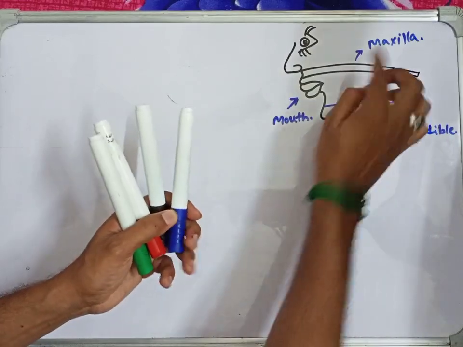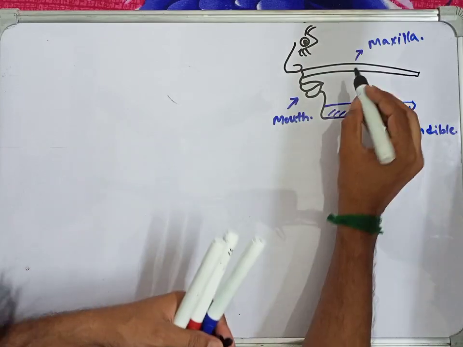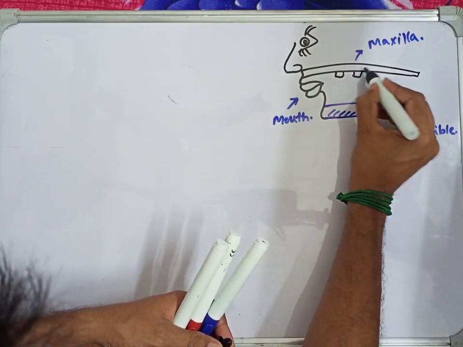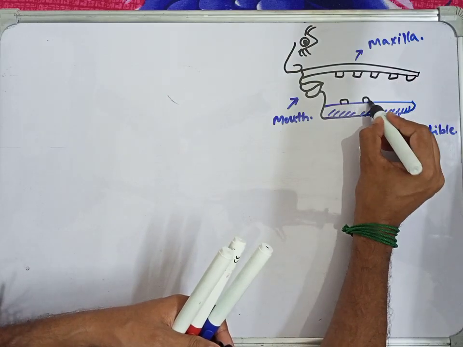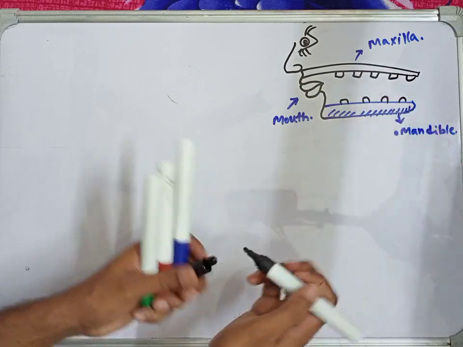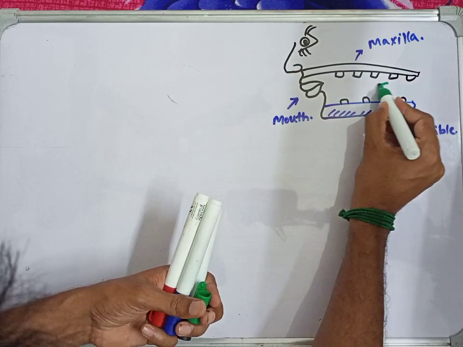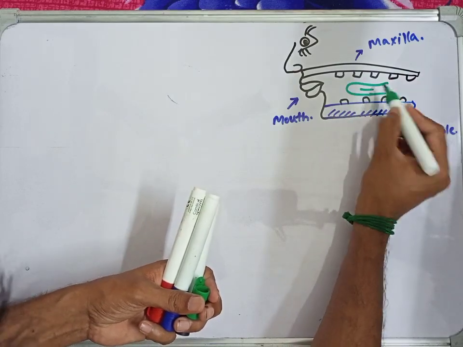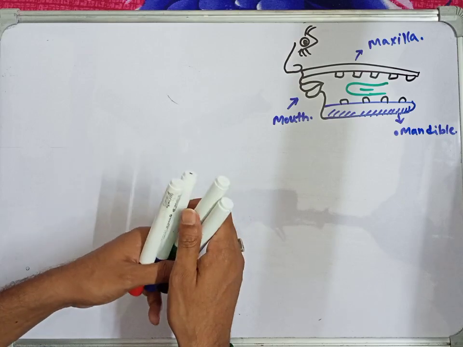We cannot move our upper jaw, and both jaws contain teeth. Overall, it makes a very funny diagram. In between them there is your greedy tongue, right? That is your tongue.